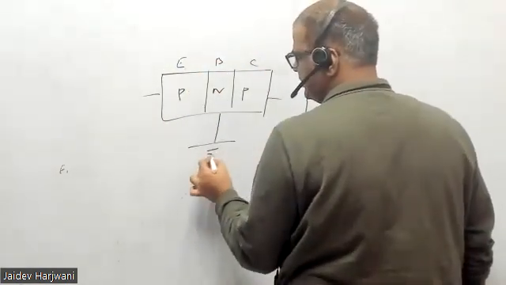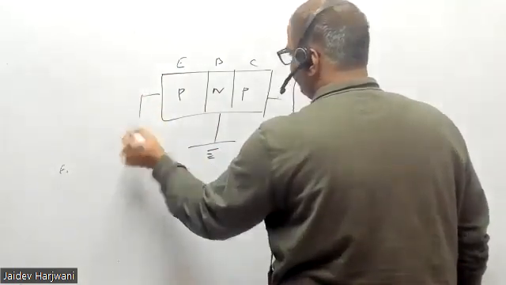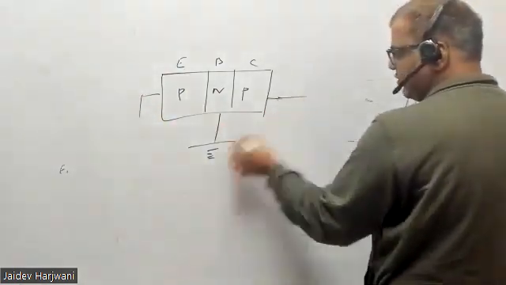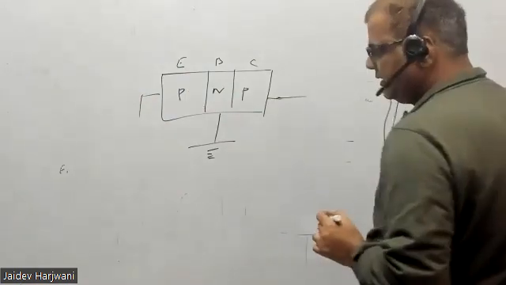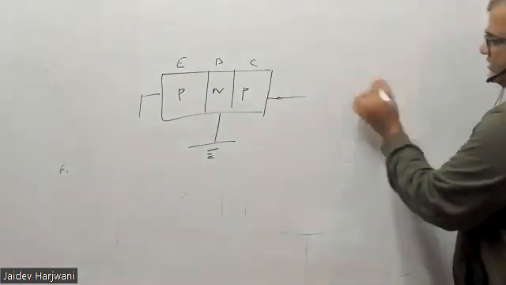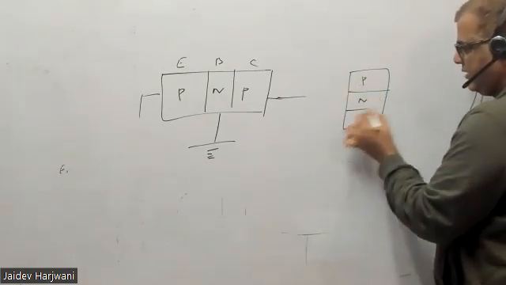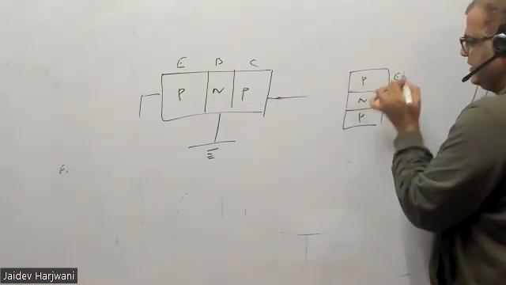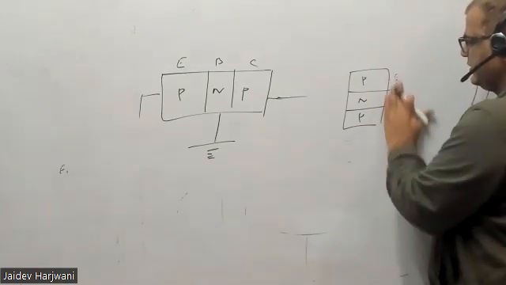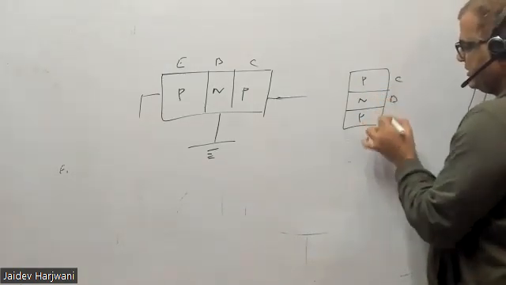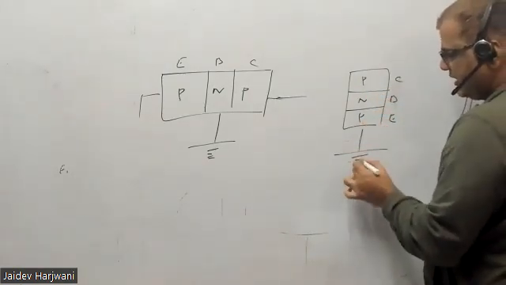This is a common base. We are applying some input here and getting some output here, or I can use it like this also, PNP. This is my emitter, base, collector, and the base is grounded.